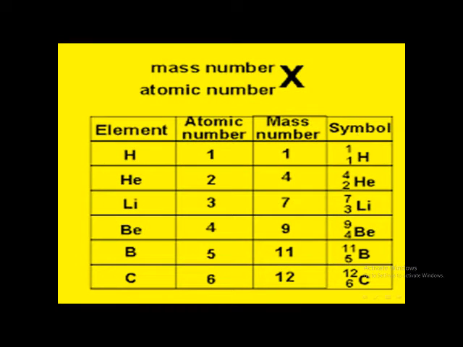We have this example here with different types of elements. We have hydrogen, and hydrogen has just one proton and one electron. So here we have one proton representing the mass number and one proton representing the atomic number. So where's the number of neutrons? The hydrogen atom just has one proton and one electron.